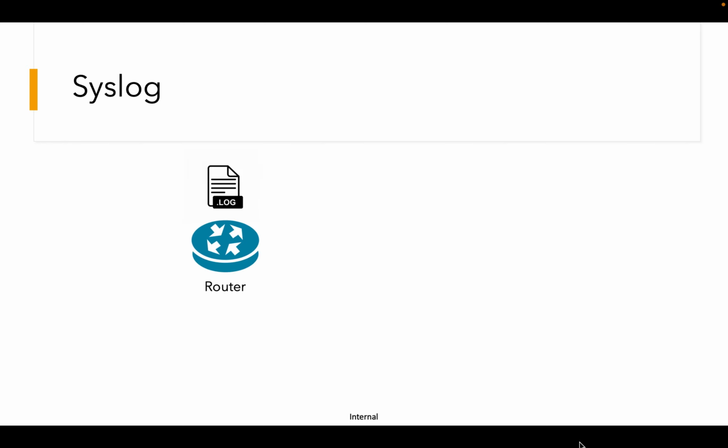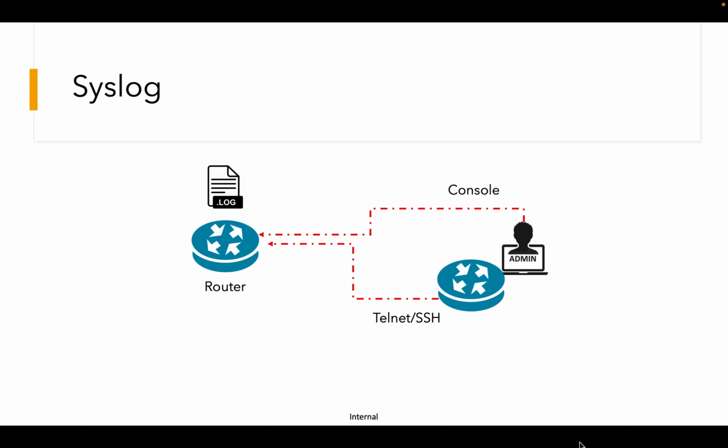As you know, we can access any network device either using console or remotely using telnet or SSH. In Cisco IOS, by default, any user that has logged in using console will see all severity levels of messages.